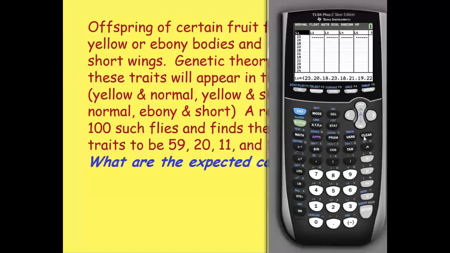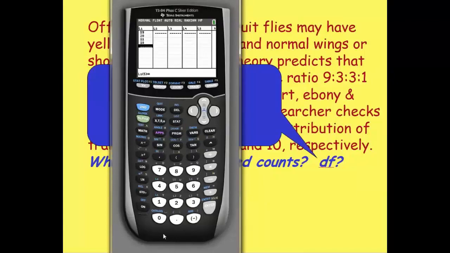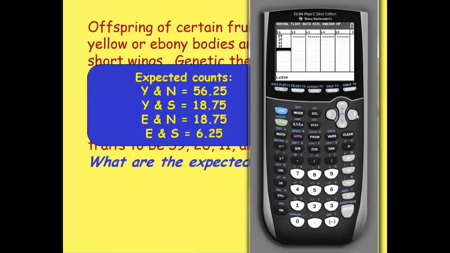We're going to type in our observed: 59, 20, 11, and 10. That's what we observed. And then in list 2, we're going to type in those expected counts. Oops, helps if I put a decimal in there.